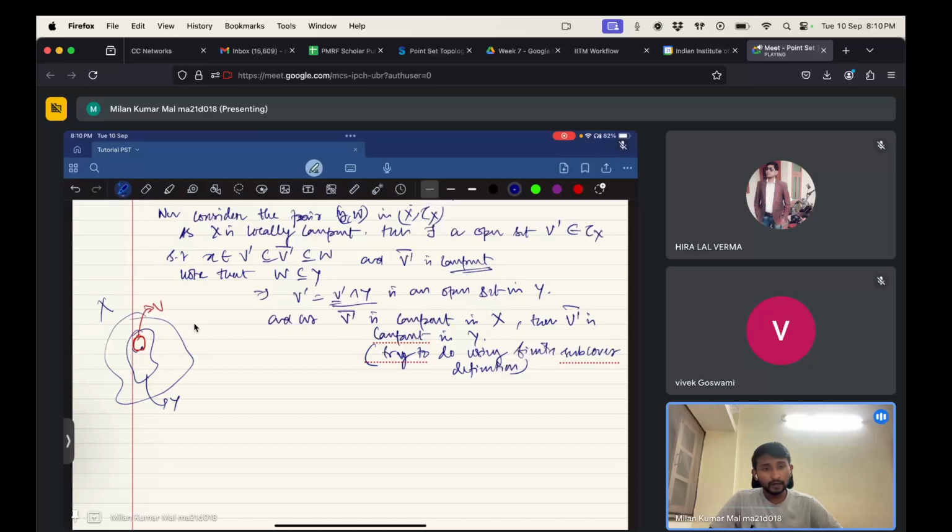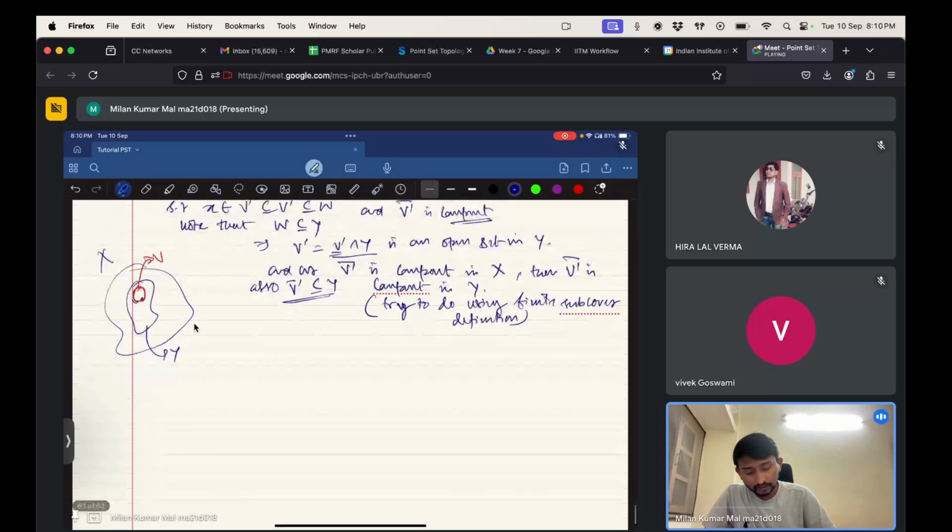I mean every open cover of V closure, and V closure is sitting inside Y. That means every open cover of V dash closure is again an open cover in X, right? So there should exist a finite subcover, and that finite subcover will be a finite subcover in the topology of Y. So that means it is compact.